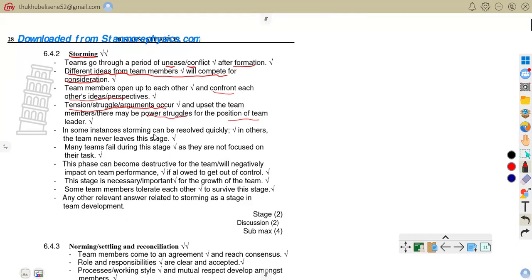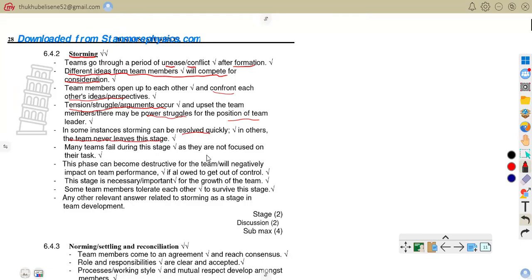In some instances, storming can be resolved quickly. In others, the team never leaves this stage. This is a very difficult stage. This is a difficult stage, and you find that there are teams that do not leave this stage because of not reaching what? The agreement.